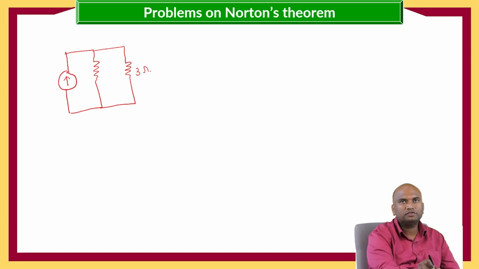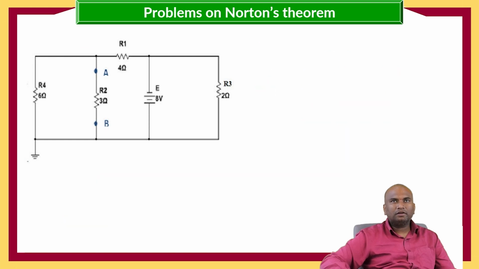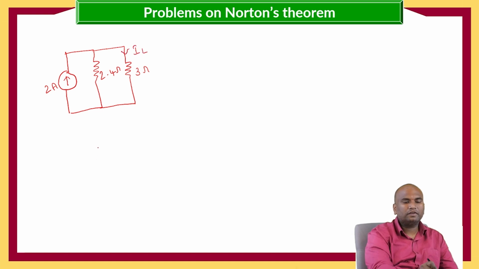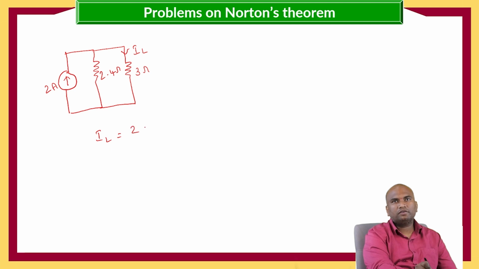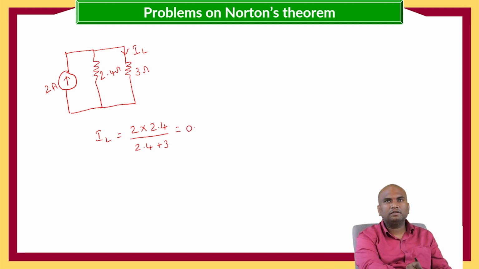This is 3 ohms. Norton's current we got as 2 amperes, and it is 2.4 ohms, and this is the IL value, where IL is equals to, by using the current division rule, 2 into opposite resistance 2.4 by 2.4 plus 3, which is equals to 0.88 amperes.